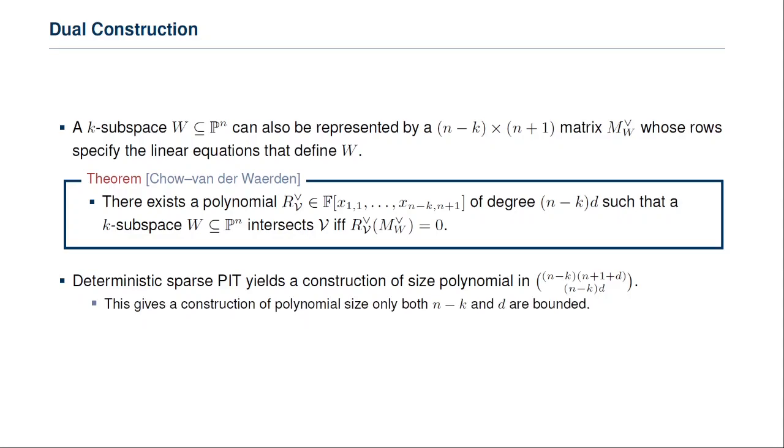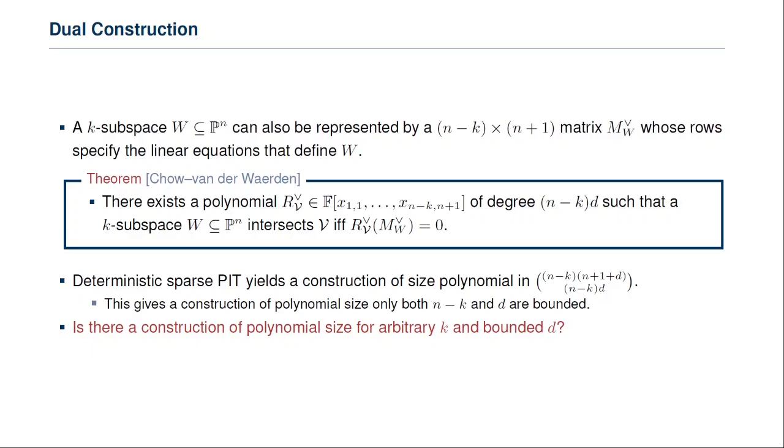And this gives a construction of polynomial size, but only when the degree d and the codimension n-k of the variety are both bounded. So now we have polynomial size constructions when d is bounded and either k or n-k is bounded. However, this still does not address arbitrary k.